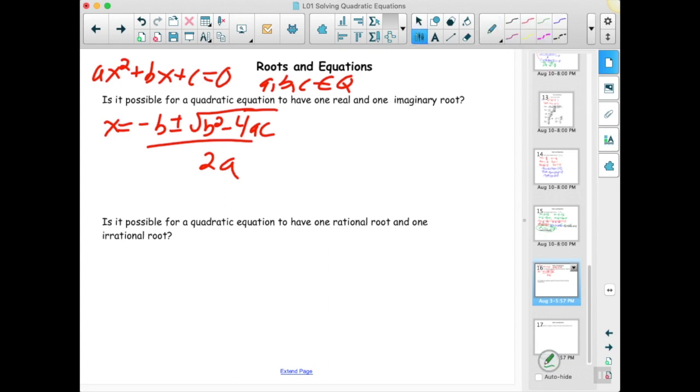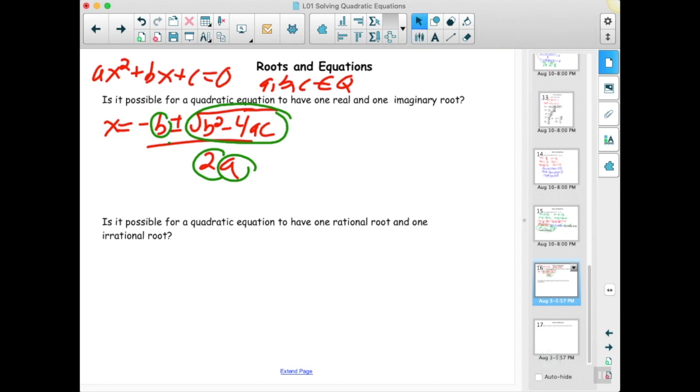So let's take a look at who's going to dictate what kind of number we get back. If these are rational numbers, then this is going to stay rational in this calculation. Dividing by 2 is still rational. Dividing by that is rational. So these are having no impact. This is still going to stay rational. So that means this is going to determine what kind of roots we end up getting, right?